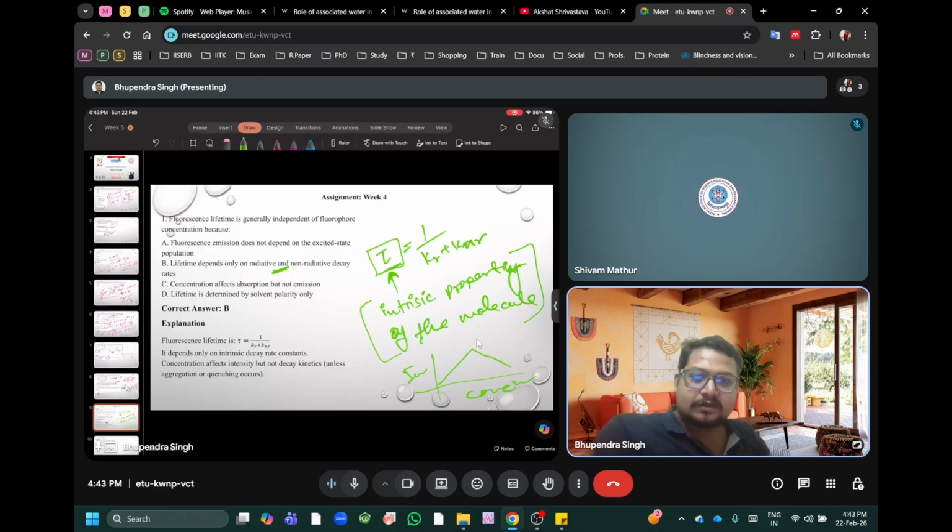But if the concentration is too high, the chances of aggregation of the molecule, forming the dimer from the monomer, or oligomers, will be higher. Or maybe quenching because of the formation of the dimer, trimer or oligomers. Then the lifetime of the molecule will change. That is one condition also.